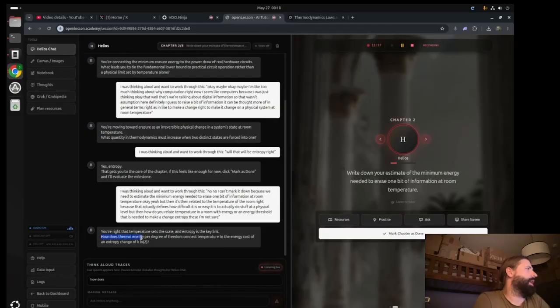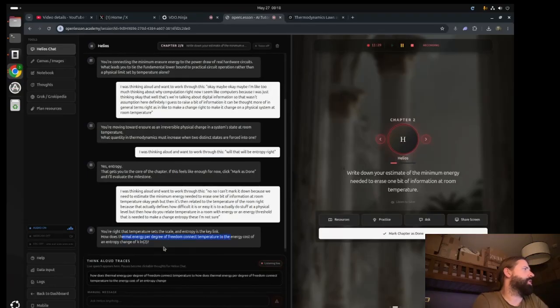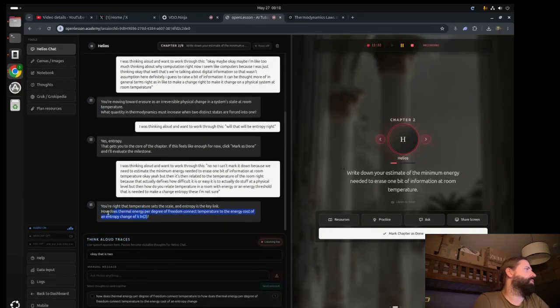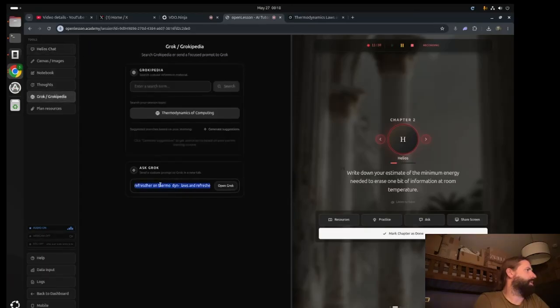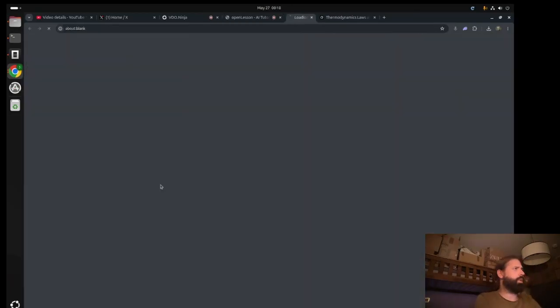How does thermal energy per degree of freedom connect temperature to the energy cost of an entropy change? Okay, that is too much. I'm going to ask Grok. I need to build some more context for this.